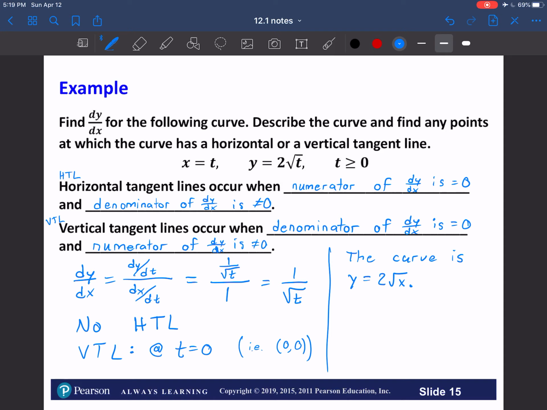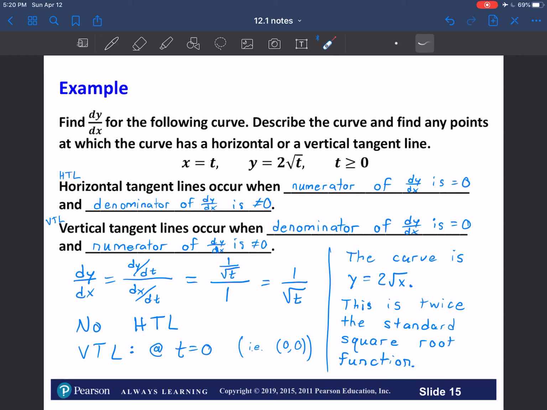We could further say that this is twice the standard square root function. I don't know. All right, and so we have described our function, we have described our curve.